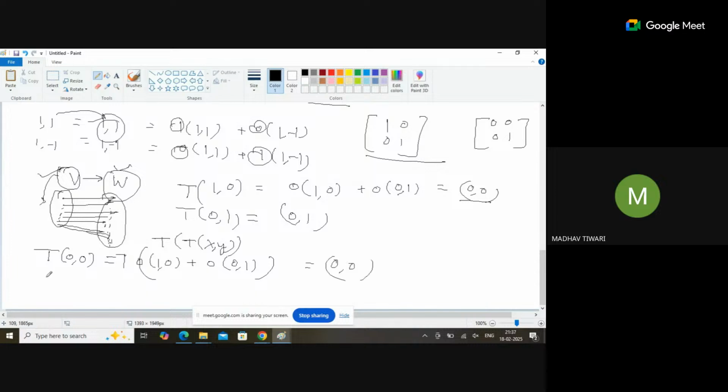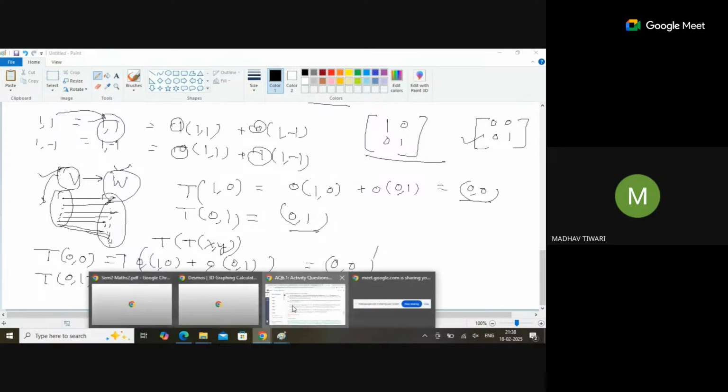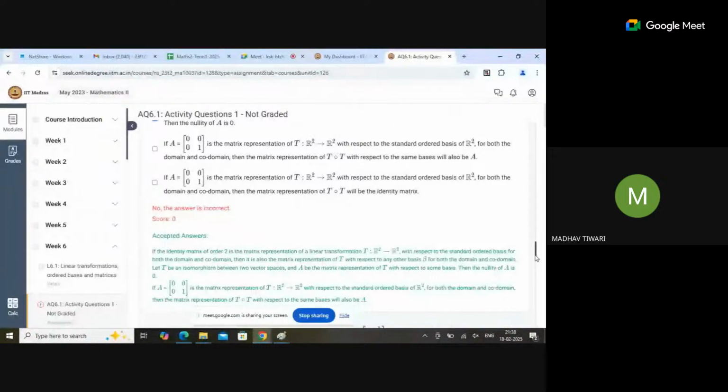And if I transform 0 comma 1, it will be transformed to 0 comma 1 again. So it has the same matrix representation: 0 times here for both, and here 0 times 1 comma 0 and 1 times 0 comma 1. So this is the same. You can verify this.